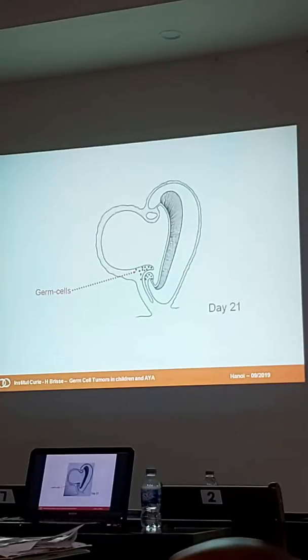at this level, and this explains why you can frequently find some tumor in the caudal part of the children, in the sacrococcygeal area.